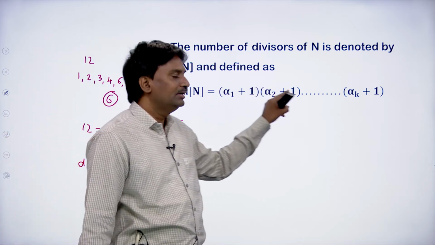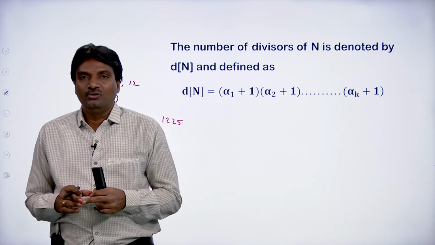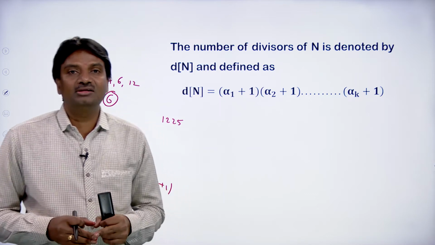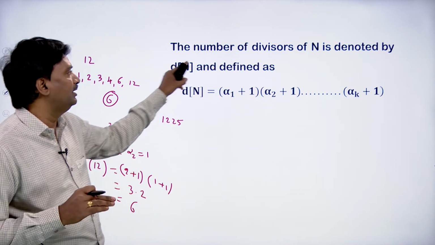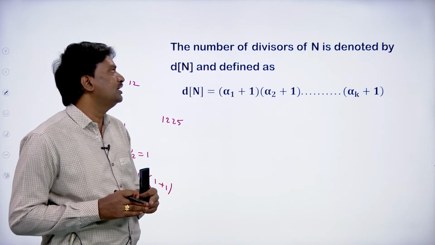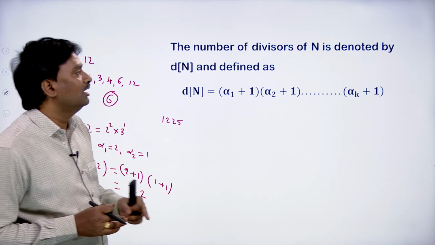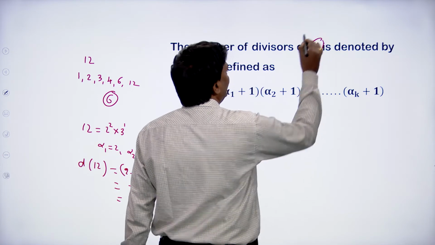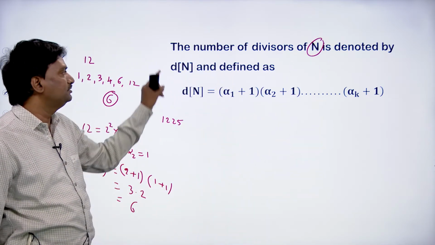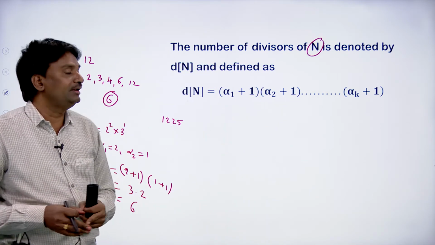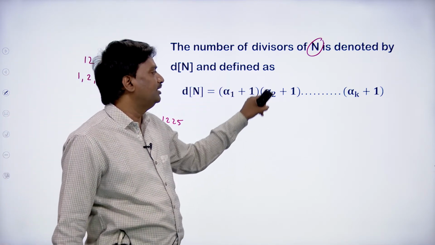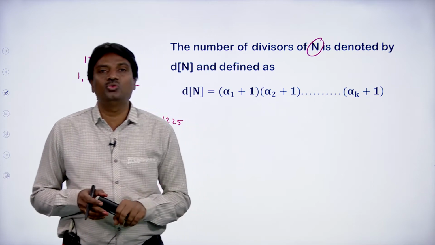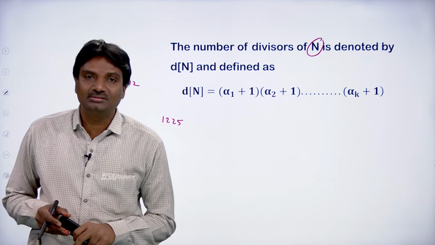So, just by remembering this formula, we can say the number of divisors of the given number, whatever the number may be, but that number must be a natural number. The number of divisors of n, where n is a natural number, is denoted by d of n and defined as d of n equal to (alpha 1 plus 1) into (alpha 2 plus 1) into so on (alpha k plus 1).